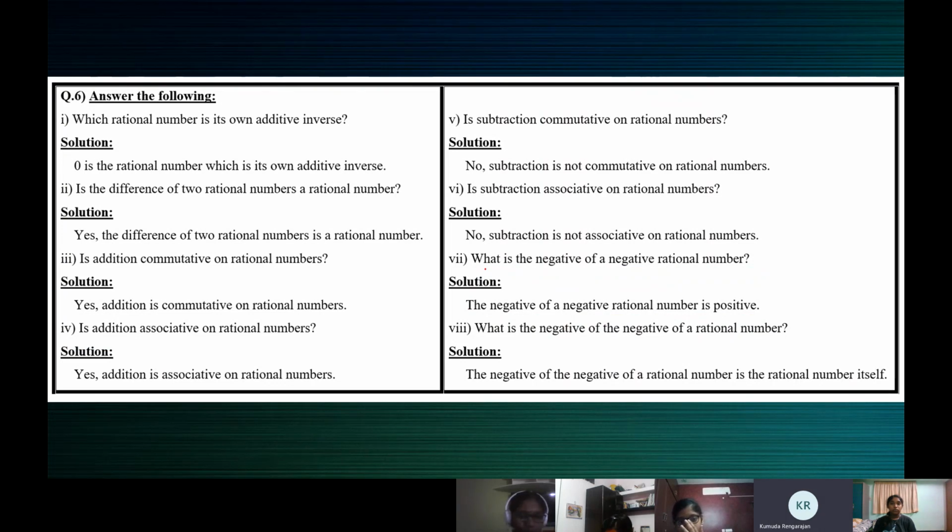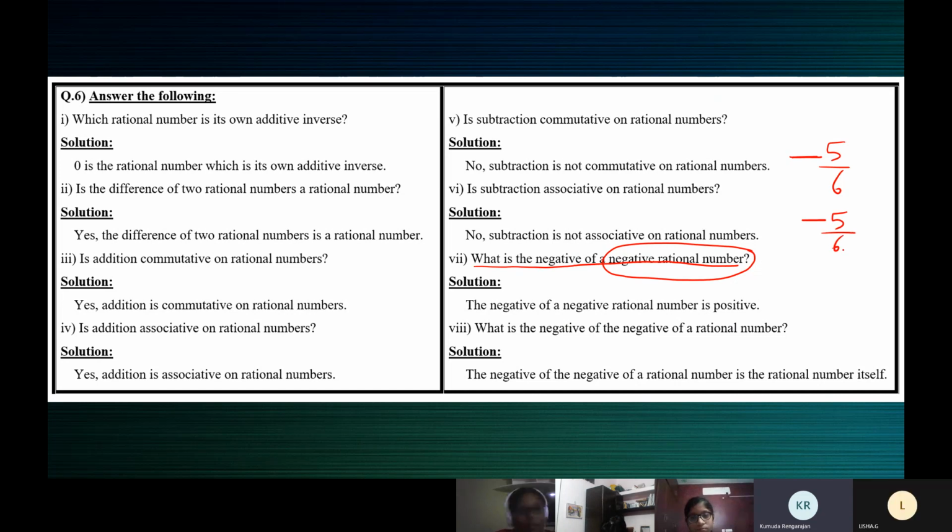Okay, now see here. What is the negative of a negative rational number? So let us take a negative rational number, for example, minus 5 by 6. Minus 5 by 6 is a rational number because it is in the integer by integer form, and it is a negative rational number because it's minus 5 by 6. Now, what is the negative of this negative rational number?